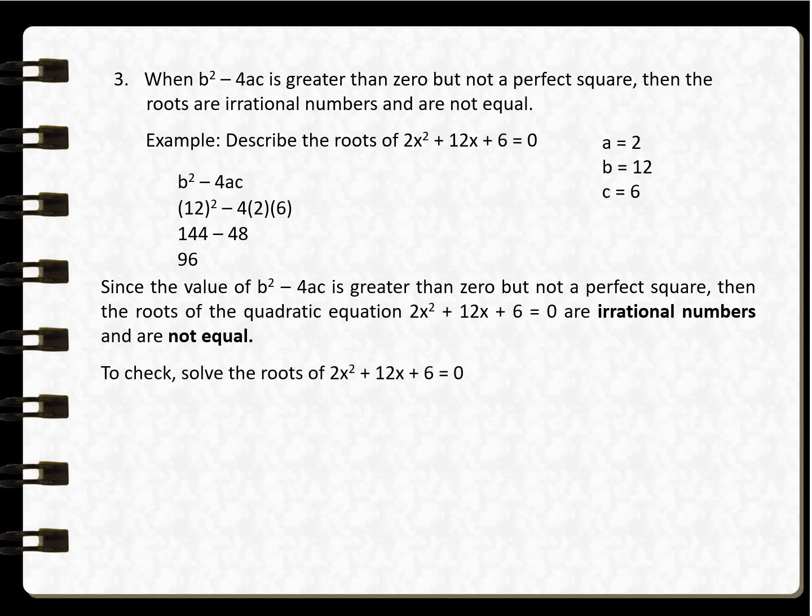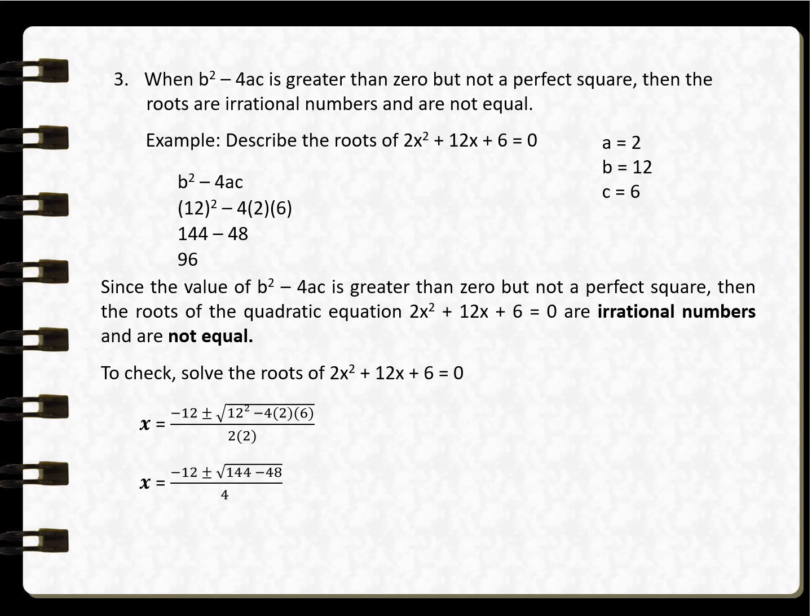Paano mangyayari yon? So, let's try to solve the roots of 2x squared plus 12x plus 6 equals 0. So, gamitin natin ang quadratic formula. So, palitan natin ang value ng b with 12. So, that gives us negative 12 plus and minus the square root of 12 squared minus 4 times 2 times 6 all over 2 times 2.